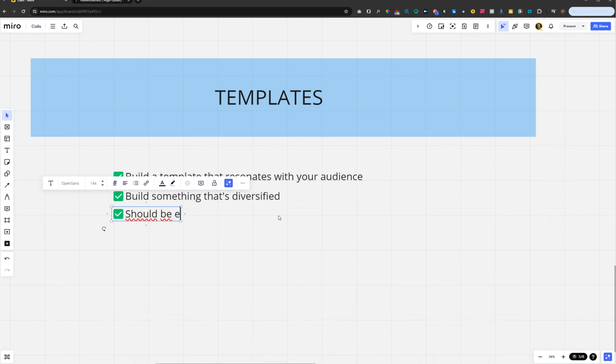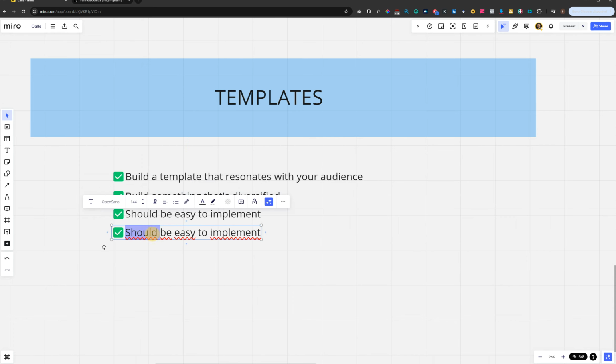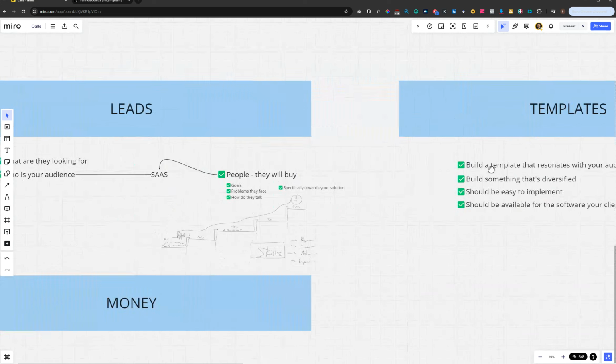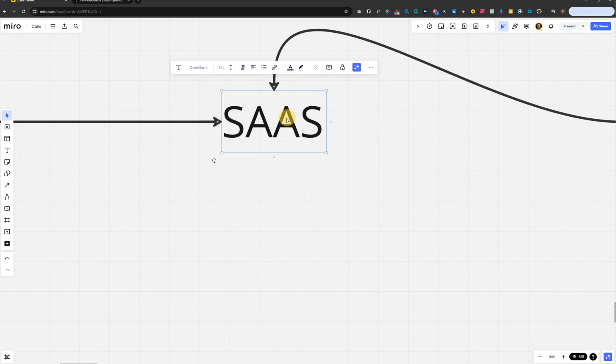And then it should be easy to implement. And then it should be available for the software your clients use the most. So if your SaaS clients use Webflow, and you build a template for ClickFunnels, they don't care.